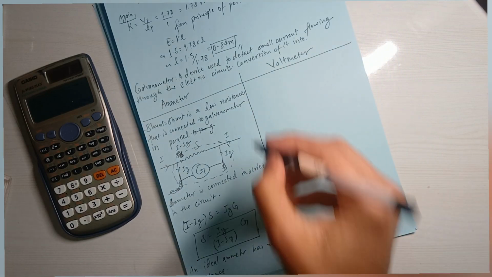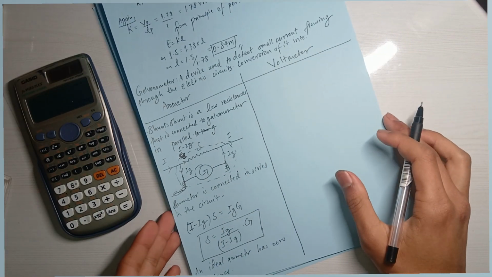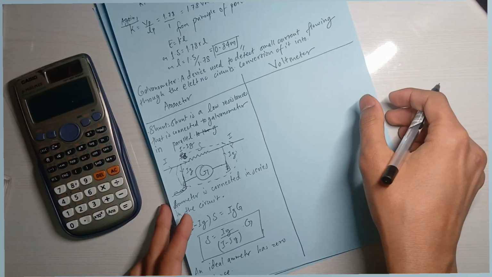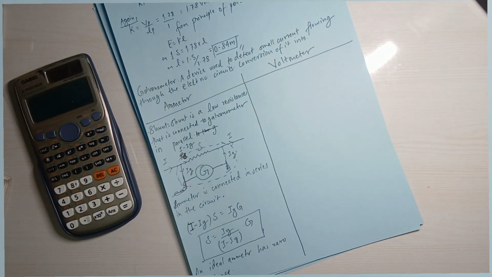Now voltmeter. Voltmeter is an electronic device that is formed when a multiplier, a very high resistance device, is connected to the galvanometer in series.